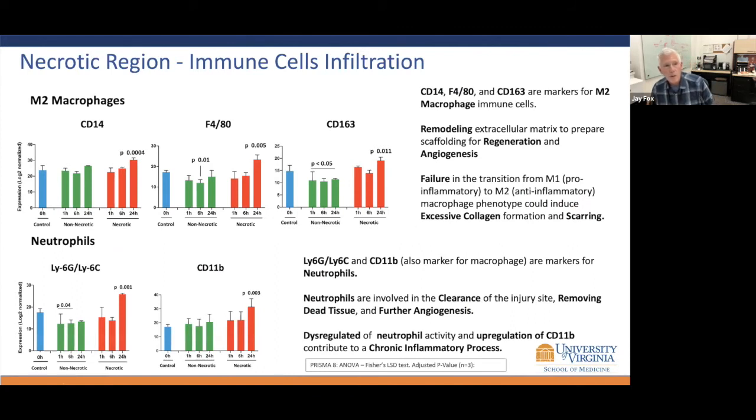We've decided to focus on the immunology of this, primarily because of wound healing, and using various panels of probes, we can see that there are markers for M2 macrophages, particularly at the later times, which is what one might expect. We also see the intravasation of neutrophils over time, which one would expect to be involved in the clearance and removal of dead tissue and ultimately giving rise to angiogenesis.